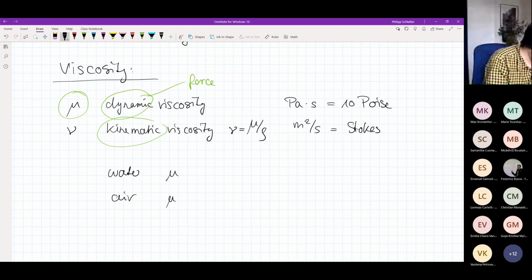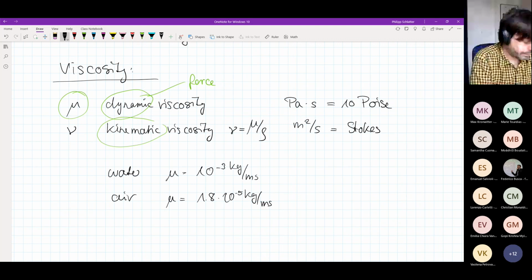If we look at the dynamic viscosity of them, mu for water is approximately 10 to the minus 3 kilograms per meter and second, and for air we have the corresponding value of 1.8 times 10 to the minus 5 kilograms per meter and second.